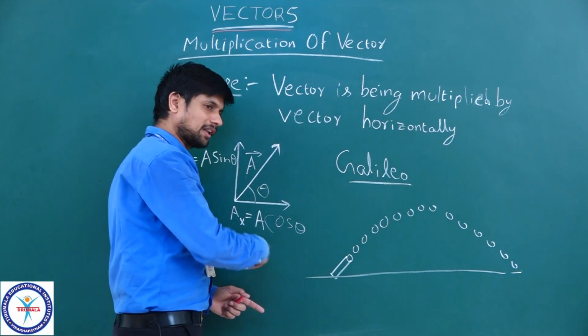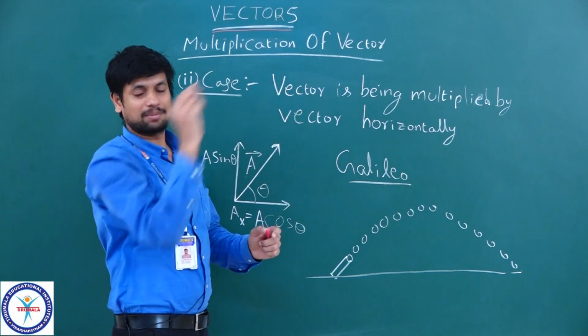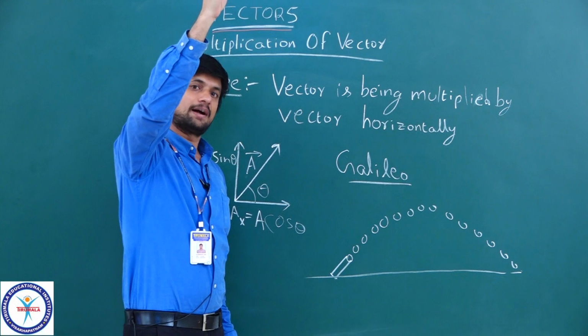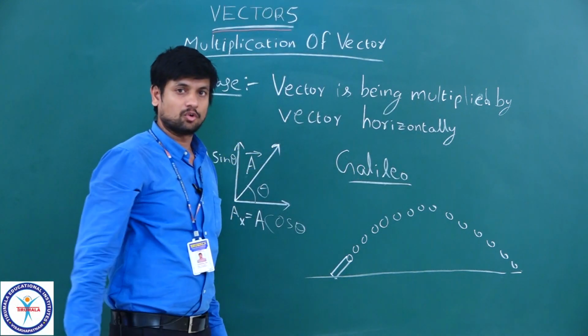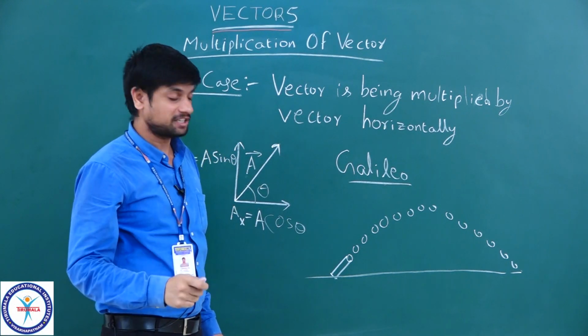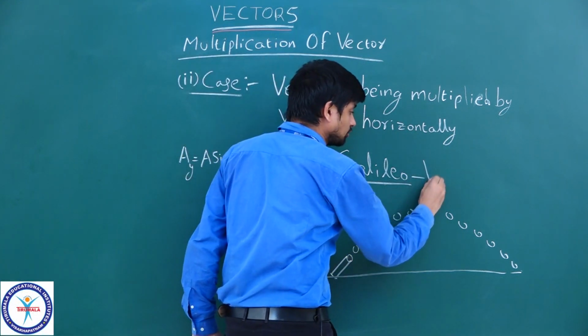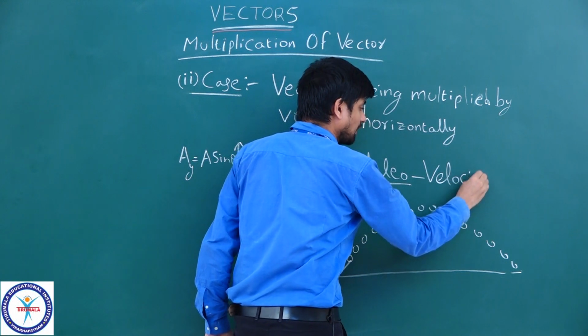Whatever you project upwards goes in this way, reaches a certain height, and then falls. Why? Galileo explained this by taking velocity resolution.